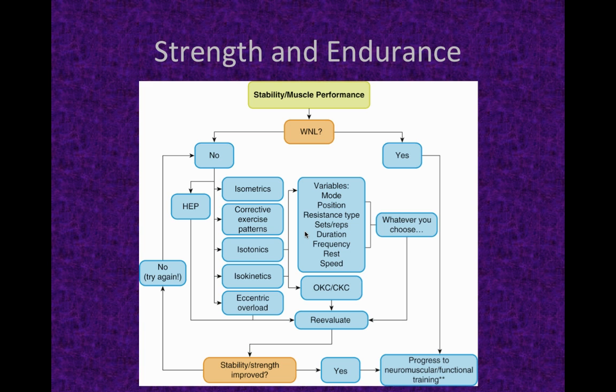Multiple angle, submaximal isometrics at various angles of the range is going to come next. So now you've done your little squeezes, keeping the elbow at neutral. Going multi-angle, maybe you bend the elbow to 120 degrees or so, and you do the same isometric activities at that angle.